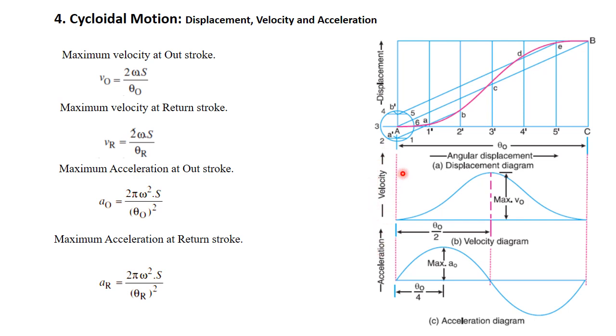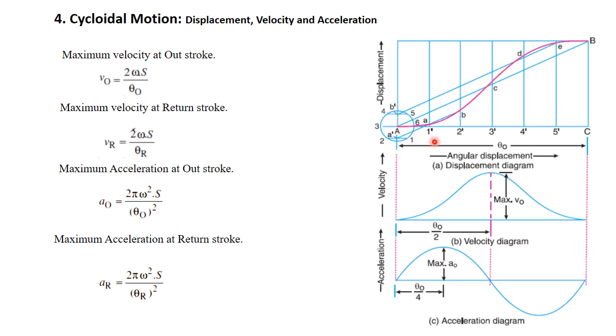Now to draw the displacement diagram, what we do is take on the x-axis the total angle turned by the cam during the outstroke, and on the y-axis we take the total displacement taken by the follower.